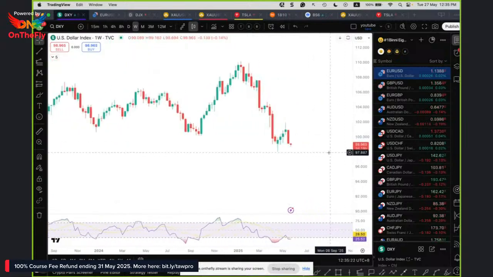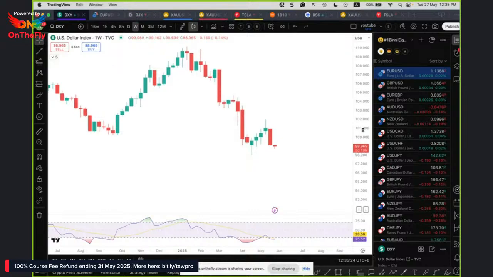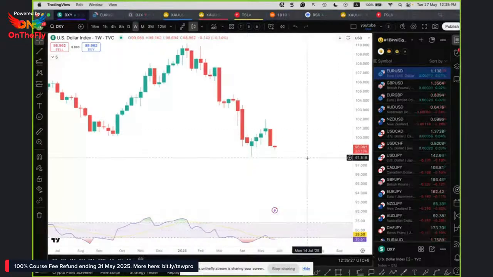Now, what I mentioned earlier, and why I think this way, is that previously, if you look at these two bars here, this bar and this bar, there was a huge down move. Then price closed below, and that was the huge down, and then price retraced up toward the resistance.